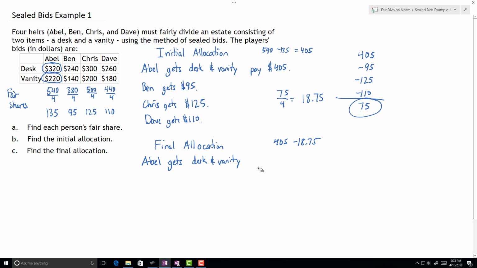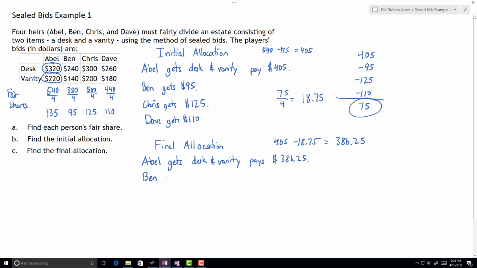Oops, excuse me here. So, $405 minus $18.75 is $386.25. So he pays $386.25. With sealed bids, we need to have that money on hand. If Abel doesn't have that much money, we can't do this.